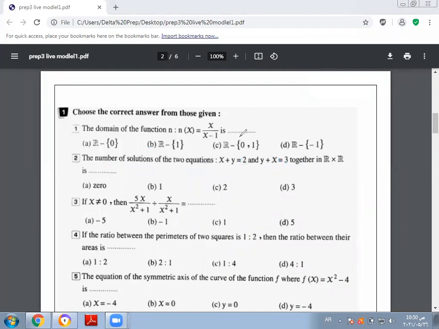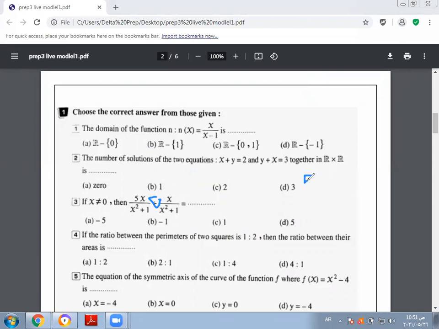Number 3, if x not equal 0, then 5x over x power 2 plus 1 divided by x over x power 2 plus 1. Here we want to find the simplest form of this. We know that when we divide, we replace it with multiplication and find the reciprocal of the second.